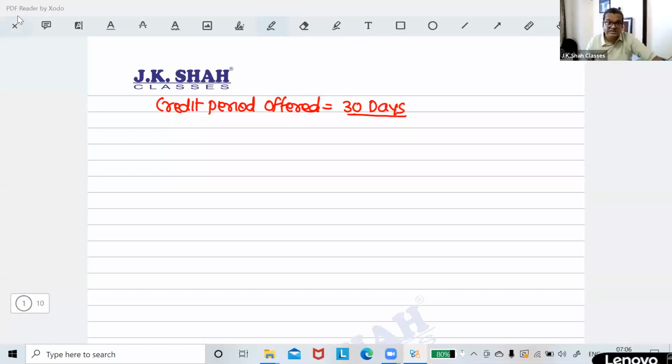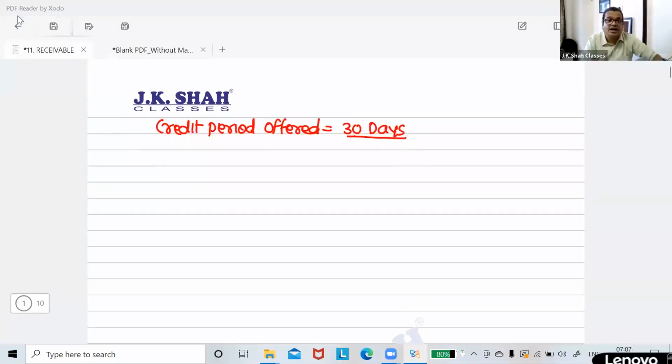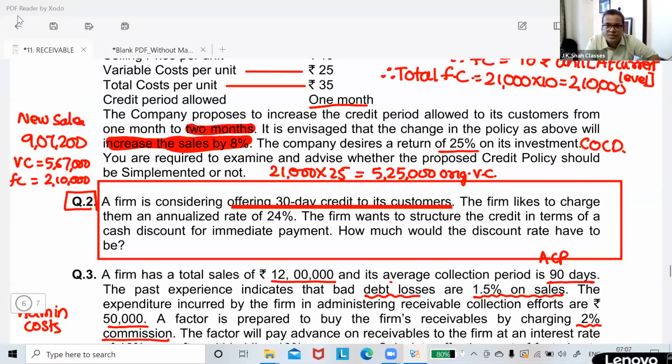Credit period offered is 30 days, right? And what else is told? Rate of interest is how much? 24% per annum.